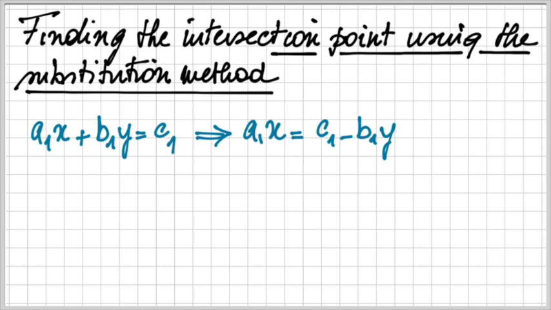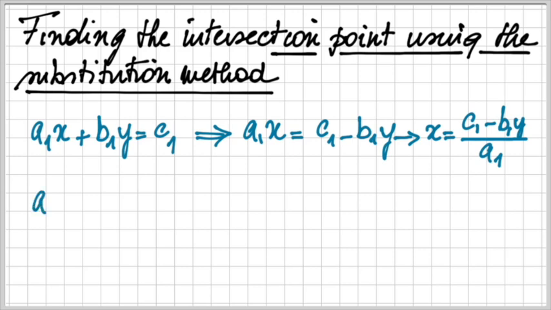When we bring b1y to the right-hand side, we get a1x is equal to c1 minus b1y. We find from this that x is c1 minus b1y divided by a1. So now we have x as an expression of y.